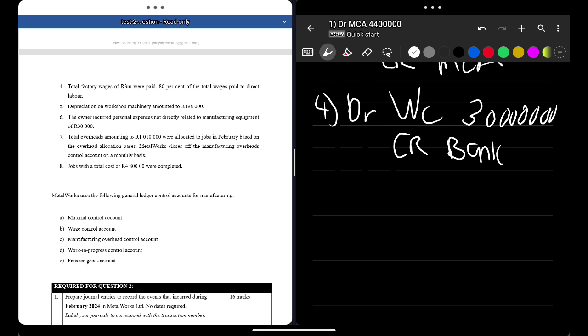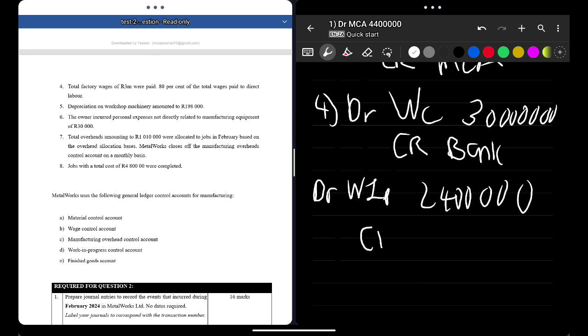Okay, 2.4 million. Now this is part of this journal entry, right? But it's a separate journal entry, obviously. So you're going to debit work in progress with 80% of this amount, 2.4 million, and then credit your wages control account, the same amount.